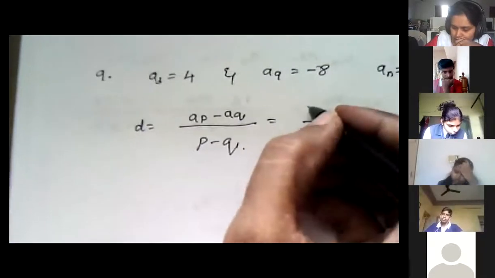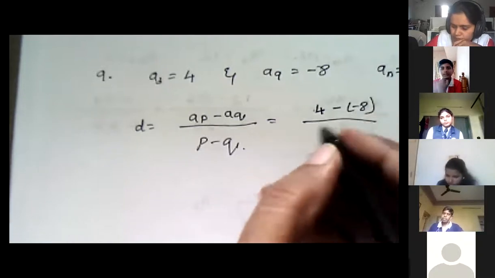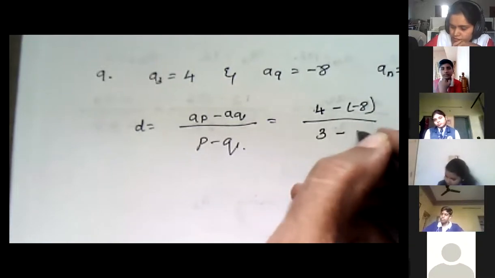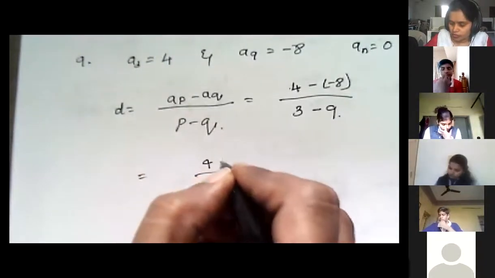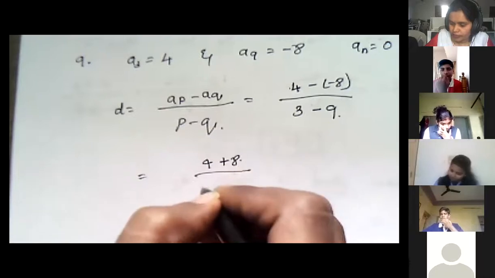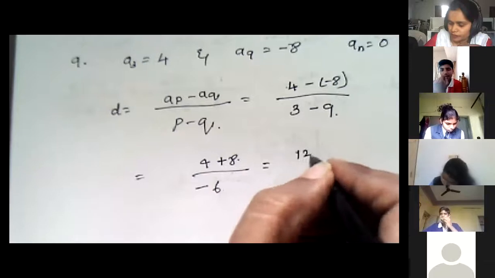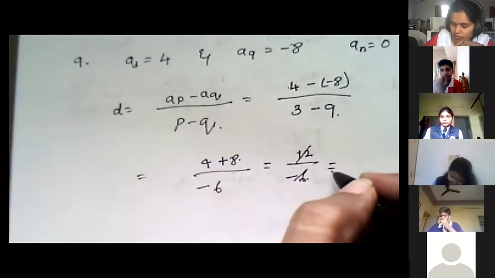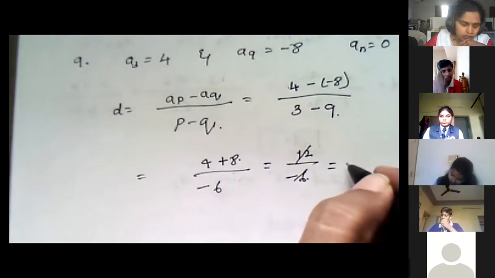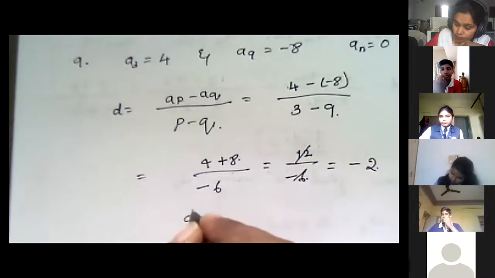That is (4 minus (-8)) divided by (3 minus 9), which is 12 divided by -6. What's the value of D? D equals -2.